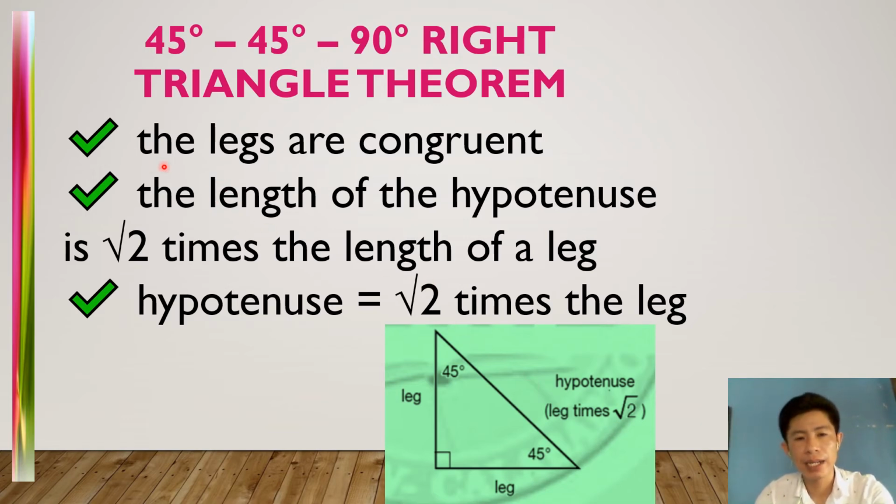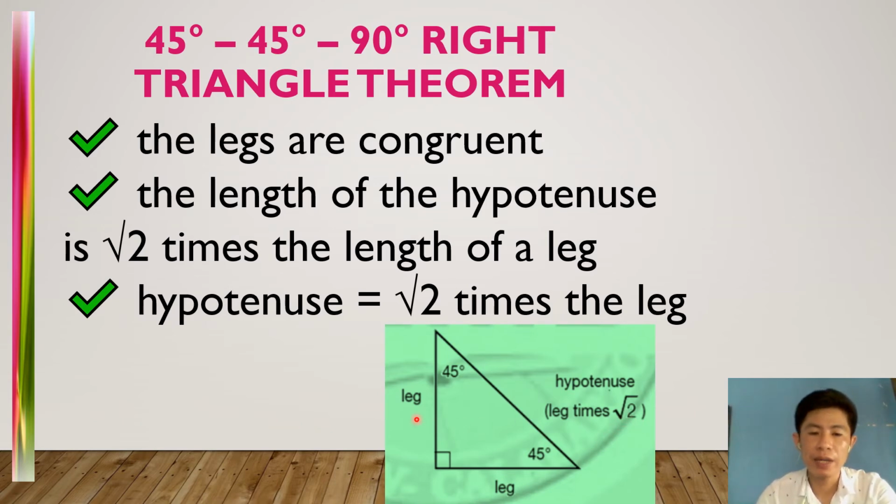Number 1, the legs are congruent. So the length of this leg and the length of this leg is always the same. Say if this is 2 centimeters, this is also 2 centimeters. Next, the length of the hypotenuse is the square root of 2 times the length of the leg. So kung ano yung nandyan na measure, lalagyan lang natin siya sa katabi ng times the square root of 2.